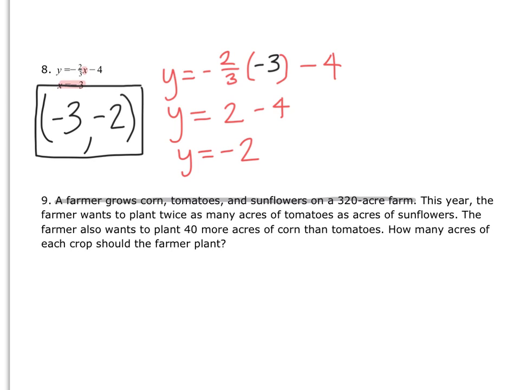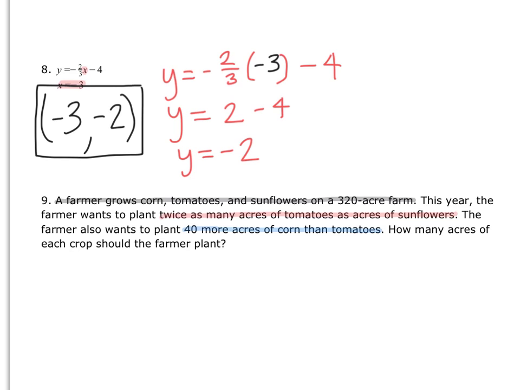Then it says this year the farmer wants to plant twice as many acres of tomatoes as acres of sunflowers. Also, the farmer wants to plant 40 more acres of corn than tomatoes. My question says, how many acres of each crop should the farmer plant?